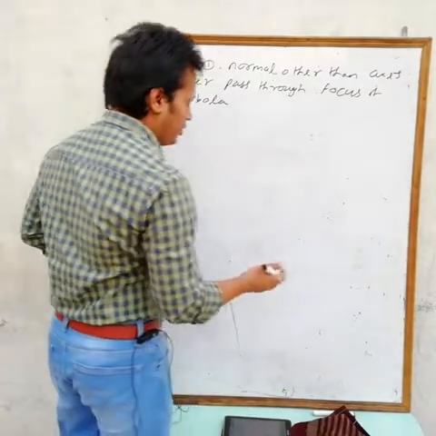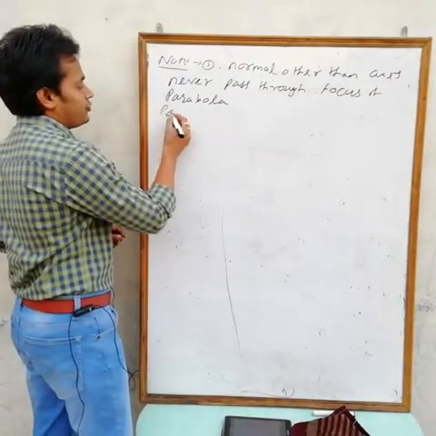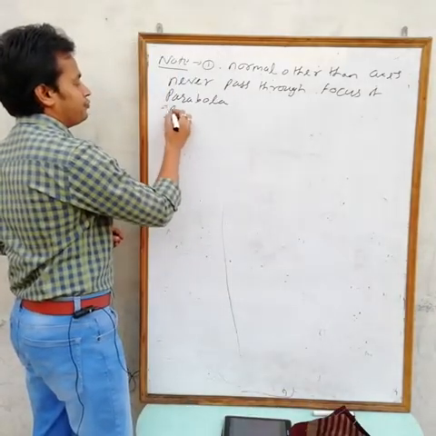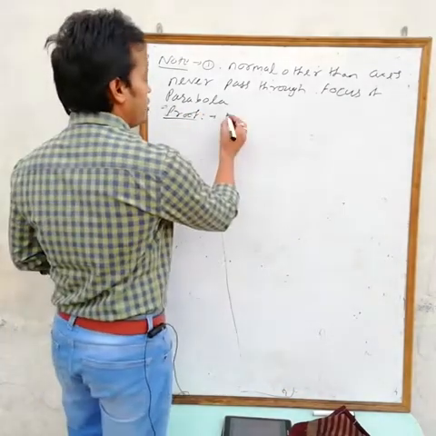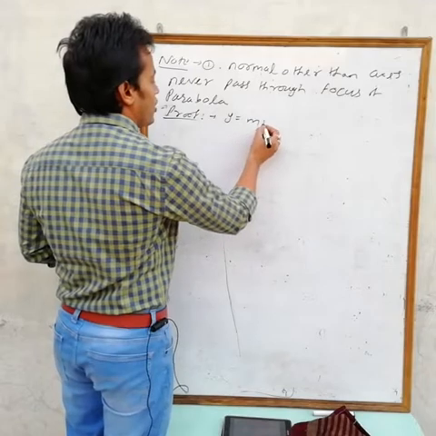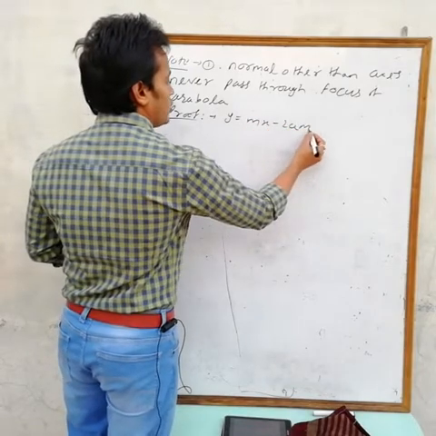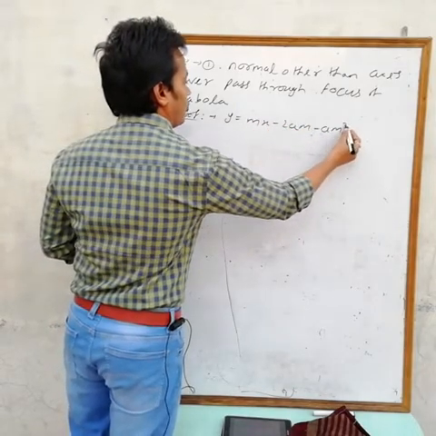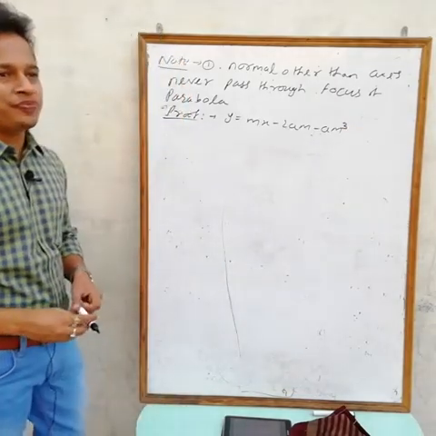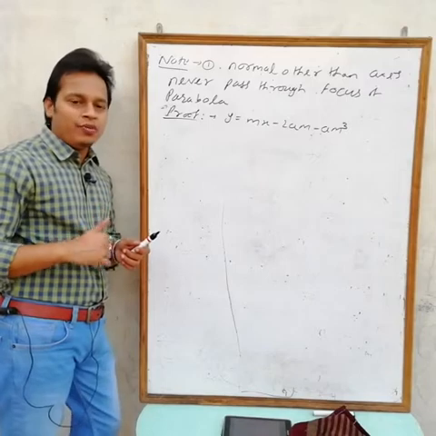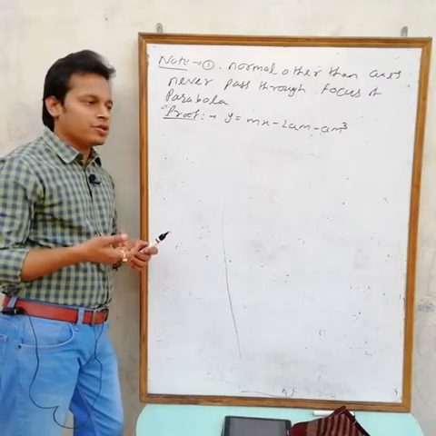Okay, how can I say this? See, let the equation of normal be y equals mx minus 2am minus am cube. Which equation of normal do we have to use? Actually, out of slope form and parametric form, you can use anything.